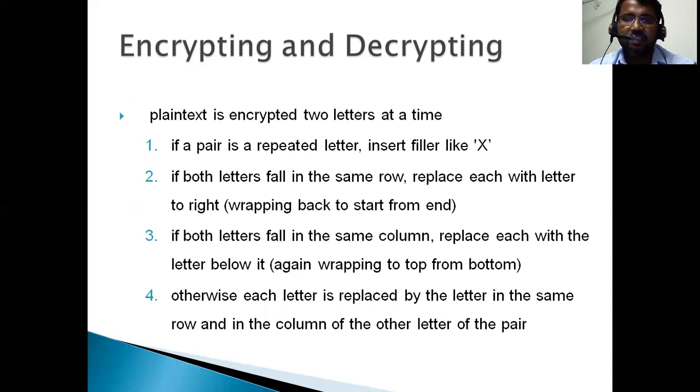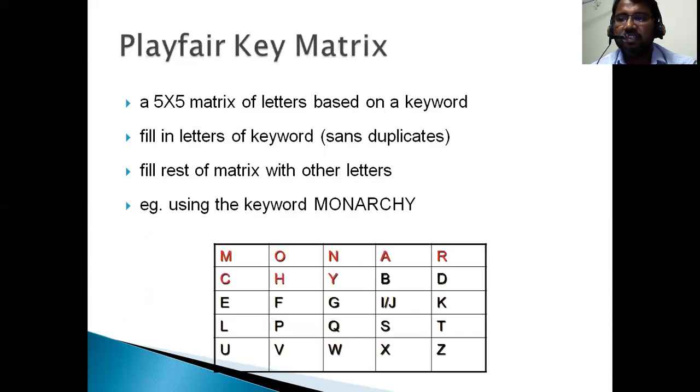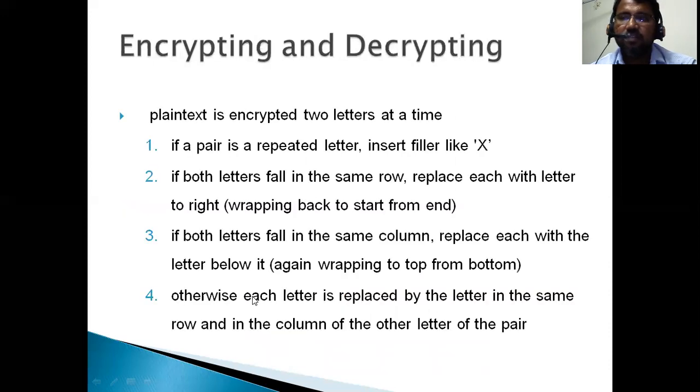For example, suppose our character string is F and Y. Then F will be converted into G, whichever letter is at the corner where the row of F meets the column of Y, and Y will be converted into H. Like that, we look at the matrix pairwise and substitute the characters.